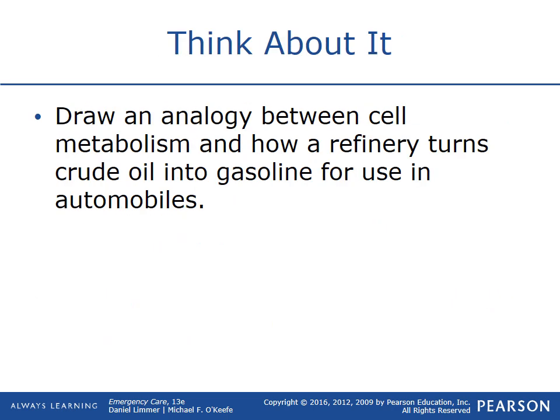All right, so our cells are kind of like little refineries, and they're creating their own fuel. Just like you've got a refinery that's creating oil so that it can function, it's the same thing that happens in our bodies.